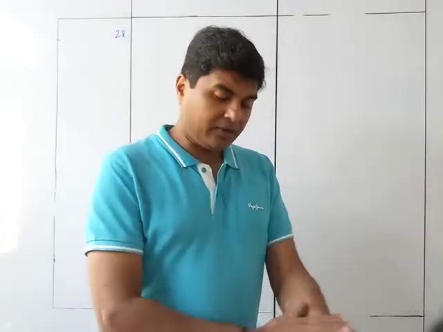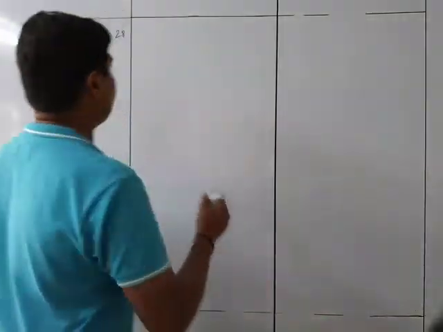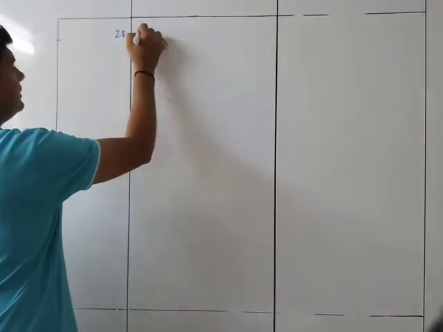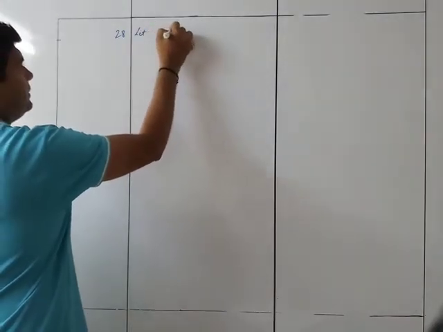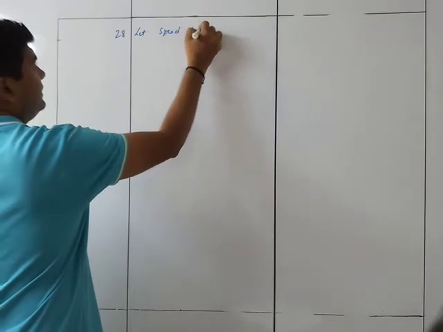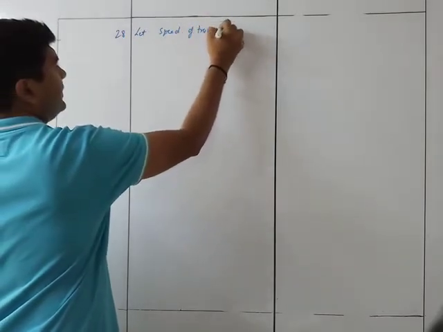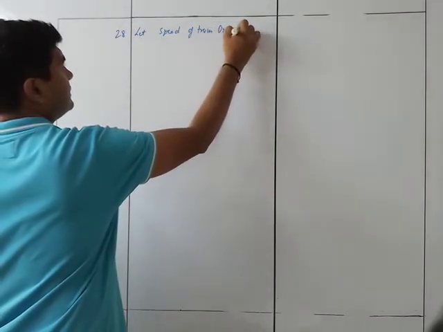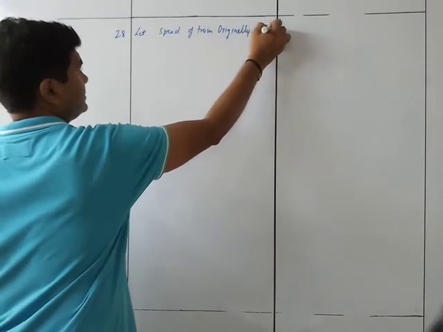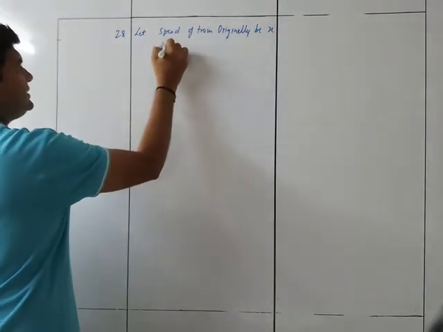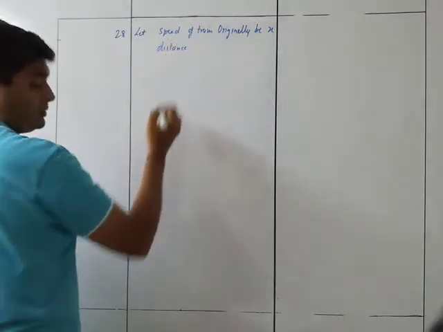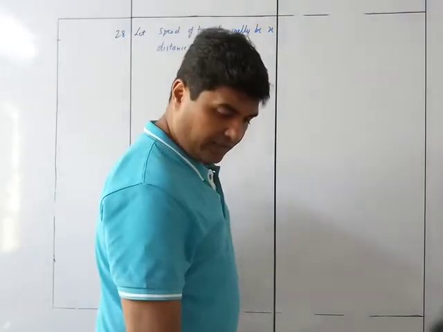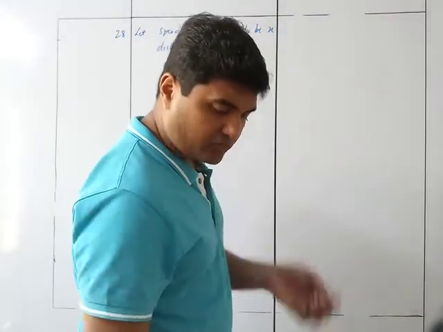So here, what we will do is that first we will take the speed of the train originally to be x, and the distance we can find out.